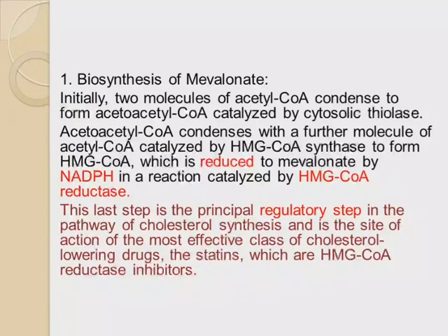Acetoacetyl-CoA condenses with a further molecule of acetyl-CoA. Then another molecule of acetyl-CoA will be added to the acetoacetyl-CoA, catalyzed by hydroxymethylglutaryl-CoA synthase enzyme to form hydroxymethylglutaryl-CoA. إذن acetoacetyl-CoA condense مع another molecule من الأسيتايل-CoA to form hydroxymethylglutaryl-CoA.